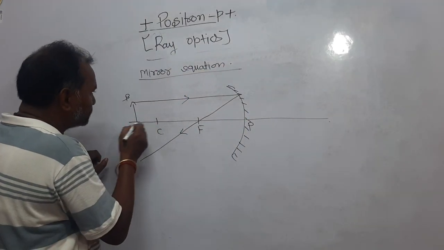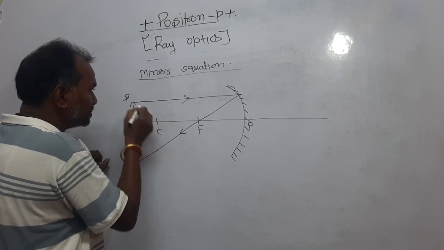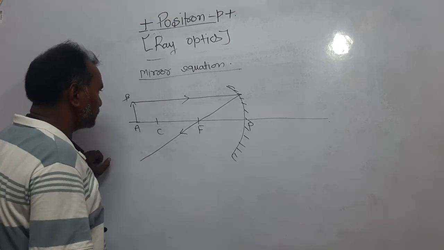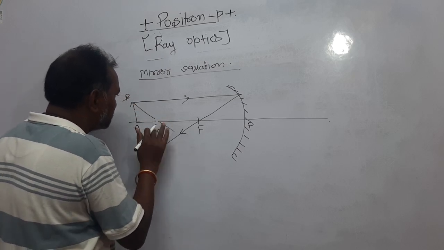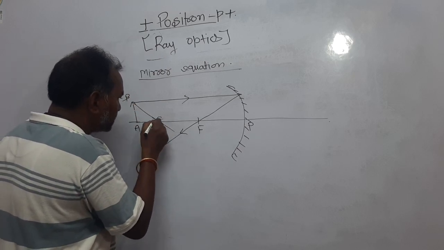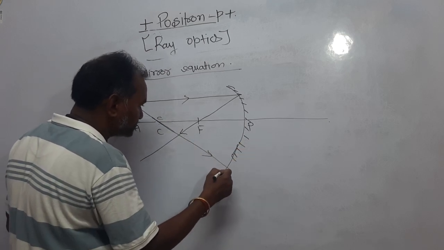Another ray you can consider either from the center of curvature or a ray passing from the focus. This is C, and again I am considering a ray that is passing from the focus.